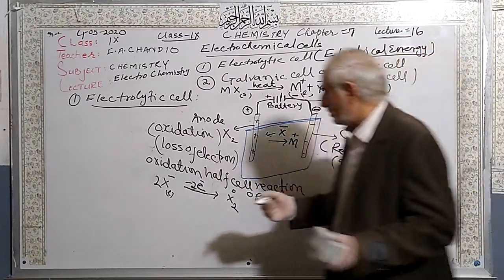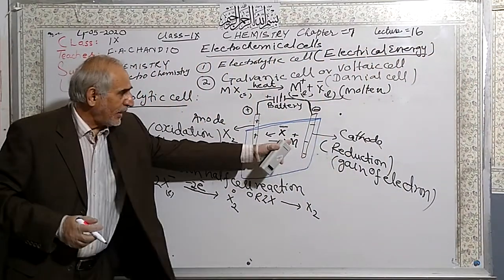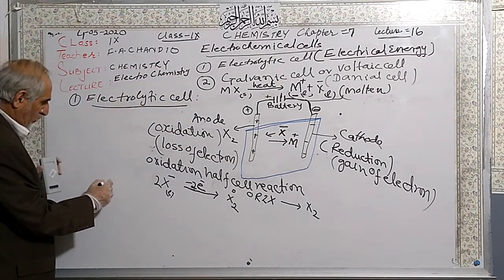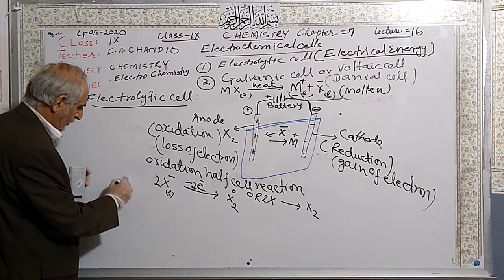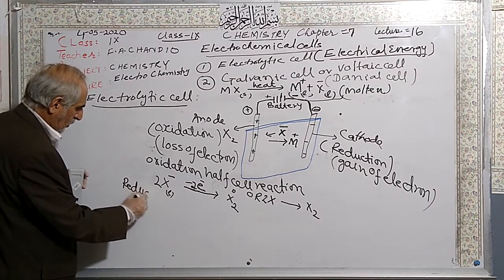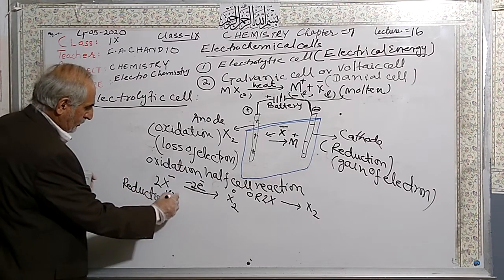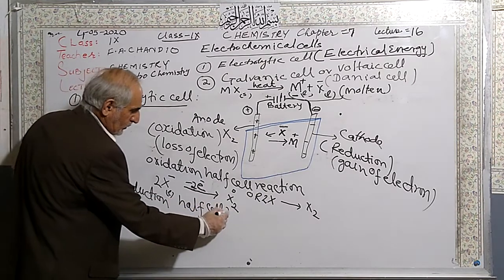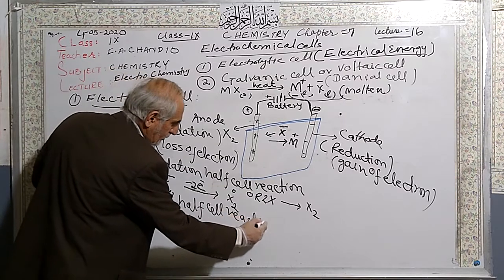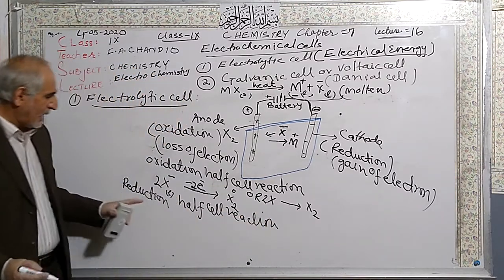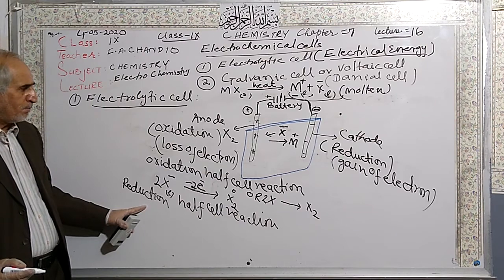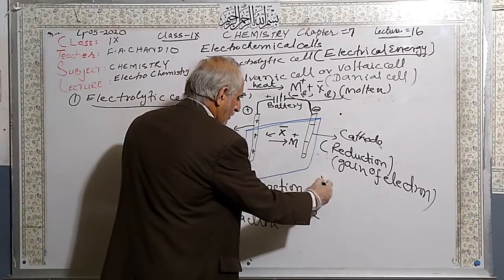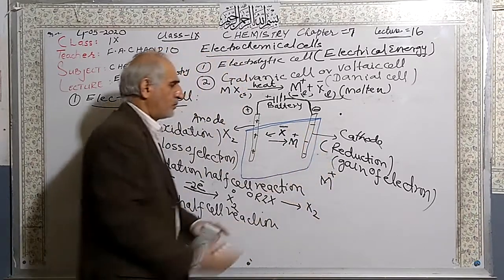On the other hand, here you can see this is the cathode. So at the cathode, this is the reduction half cell reaction. In the reduction half cell reaction, you are seeing the metal ion in liquid.